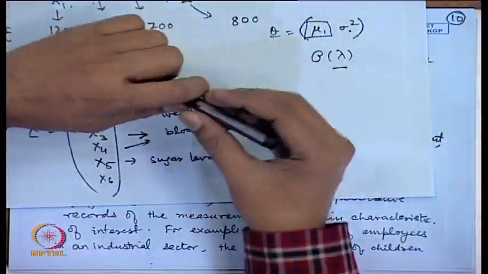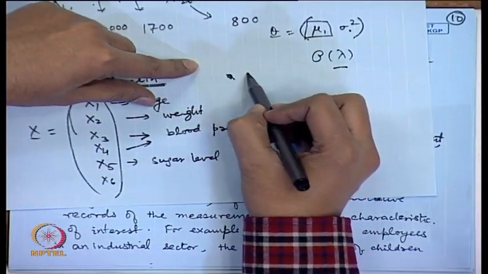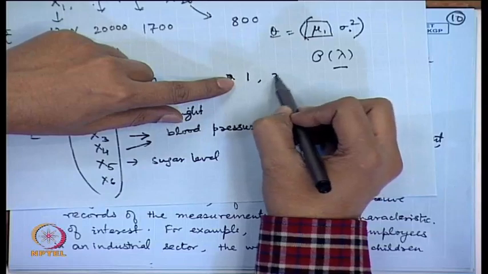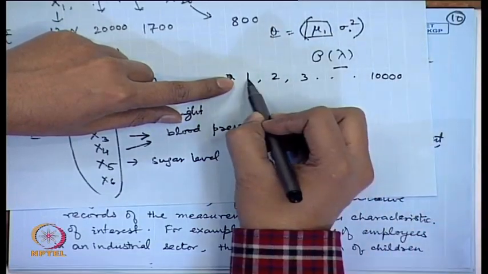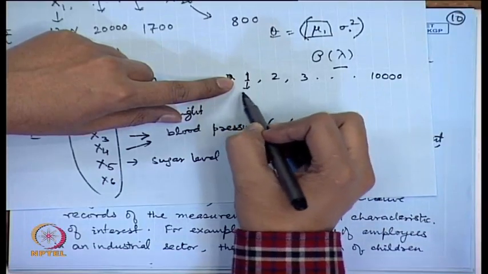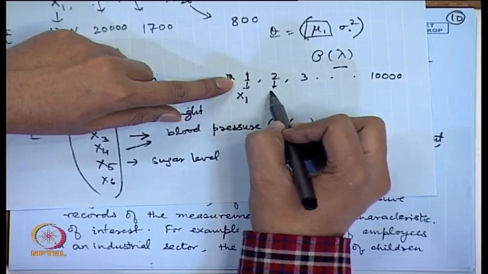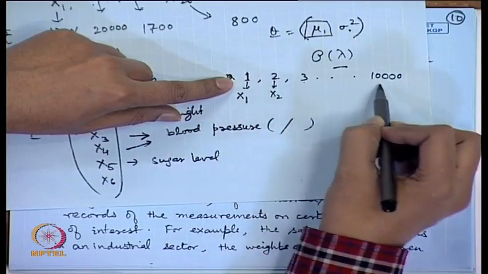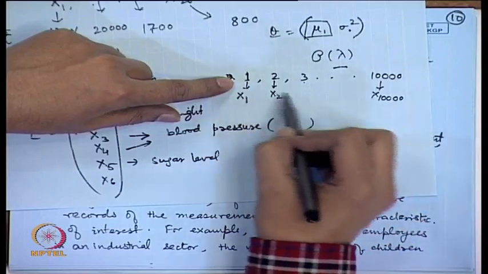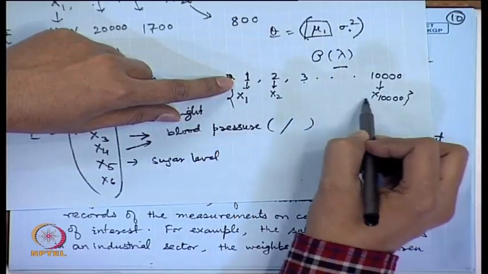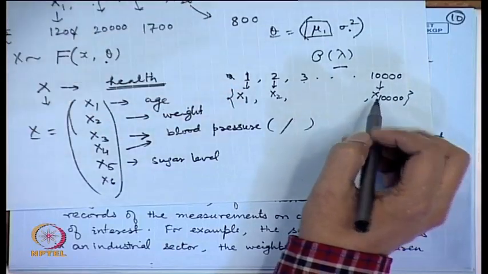For example, I am identifying the employees as 1, 2, 3 and so on up to 10,000. Now, the salary of employee number 1 is x 1, the salary of employee number 2 will be called x 2 and so on, up to x 10,000. So, in this particular case the population of interest is these 10,000 entries.